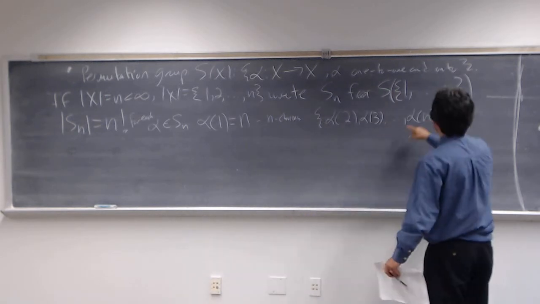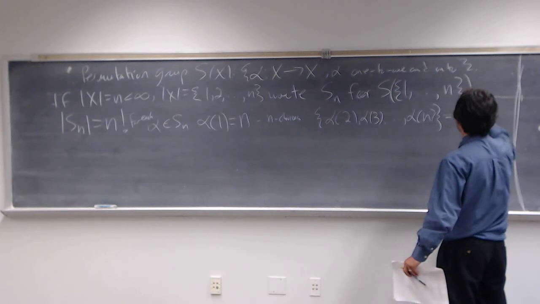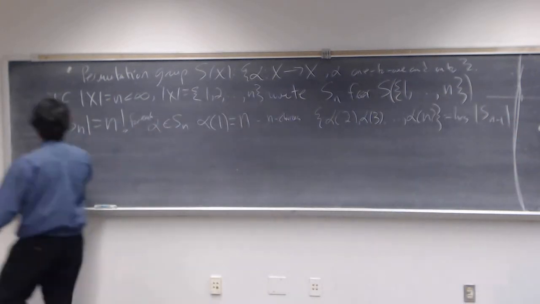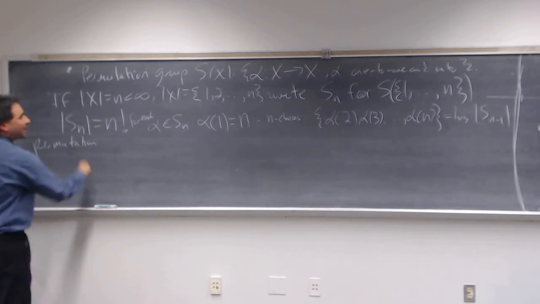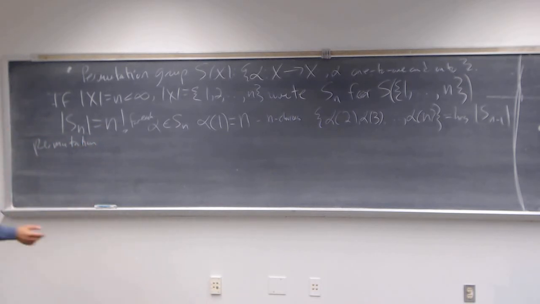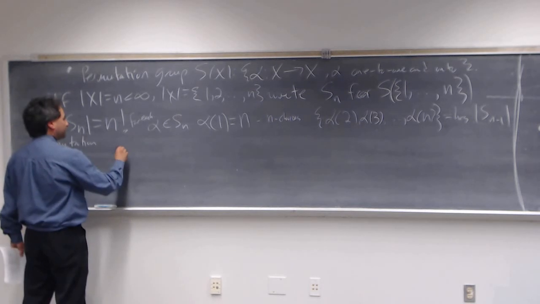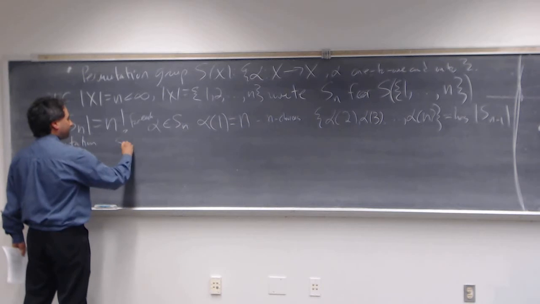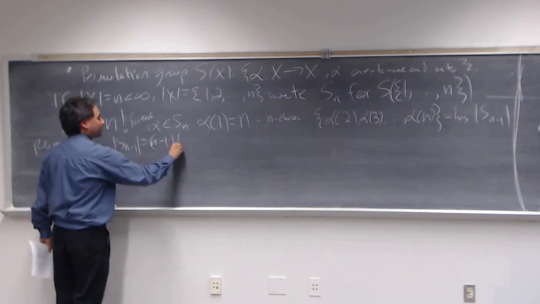This is really how many permutations. This has Sn minus 1 permutations in it, because we have n minus 1 symbols, and by the inductive hypothesis, the order of Sn minus 1 is n minus 1 factorial.